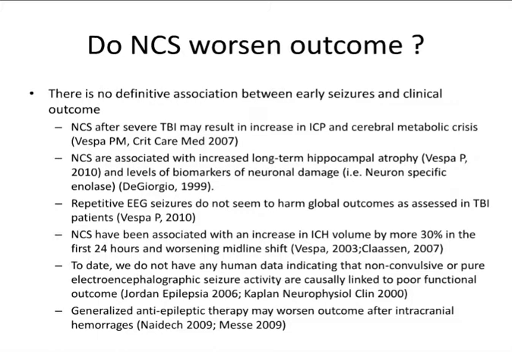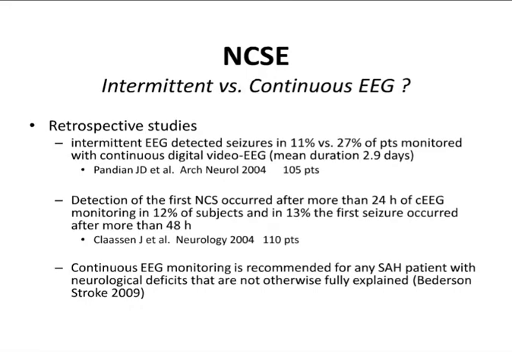Now, we know in these situations that we need continuous EEG, and the reason why, even if it's from retrospective studies, is that if you use intermittent EEG, you detect seizures in 11% versus 20% of patients monitored with continuous digital video EEG.